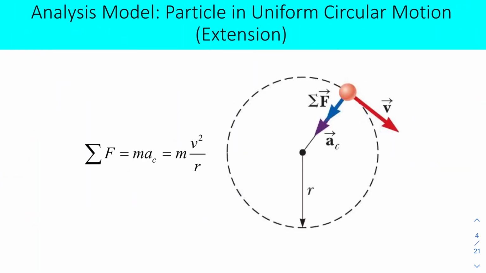From that, we know that F is equivalent to m a_c, and a_c is equivalent to v squared over R. The direction of v is tangent to the position of the object, and the direction of a_c is always according to the direction of F_c, or simply F. So they are in the same direction, because it's a vector.